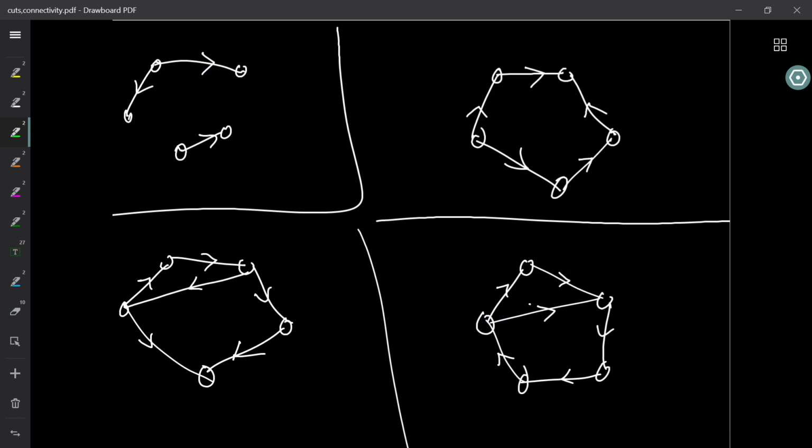Okay, again, some examples. The first one is not connected. The second one is a directed acyclic graph. The third one is weakly connected. This is also weakly connected, but it has some directed cycle. And the fourth one is strongly connected. Any pair of vertices you can go.